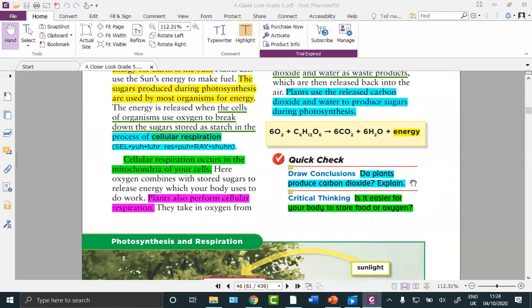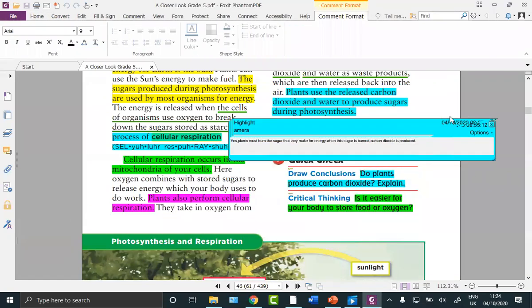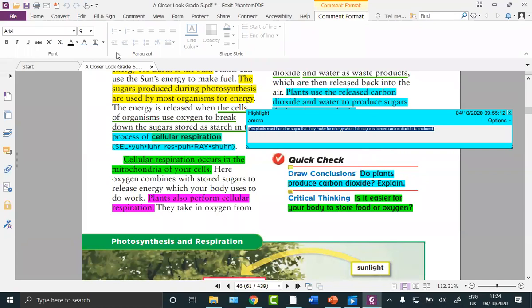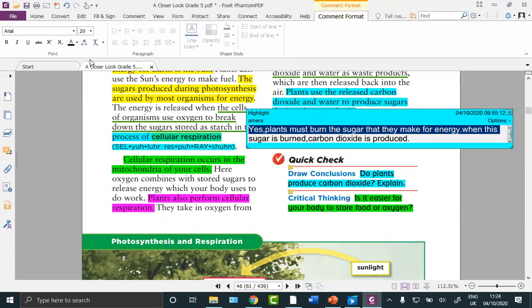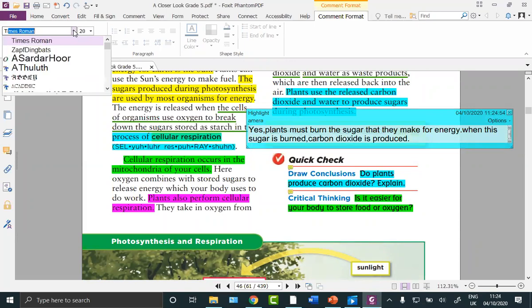Explain. Do you know the answer? Do plants produce carbon dioxide? Explain. It doesn't produce carbon dioxide because it takes in carbon dioxide and gives out oxygen. Thank you.